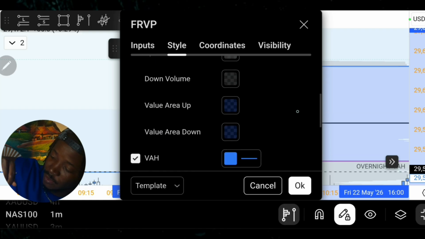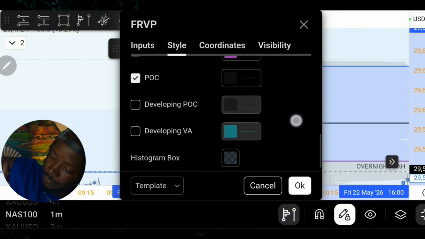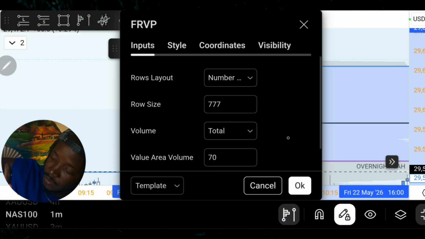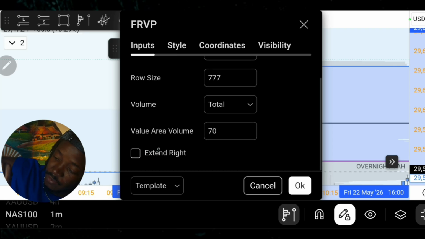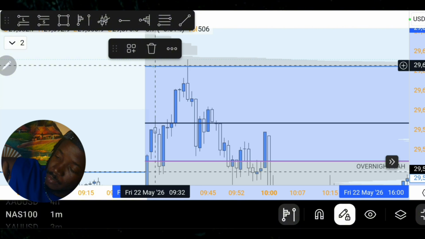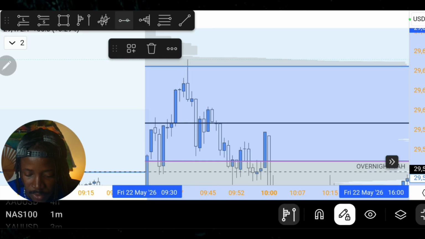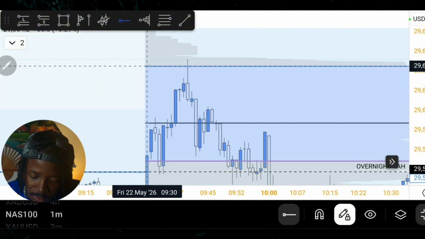This is how I set mine up, so you can follow that for yourself. And once again, extend right is not ticked. So now I'm just going to mark out my levels, and we'll have the 3 most important volume profiles on our chart. Let's mark it out. So we take our marking tool and just mark that out.